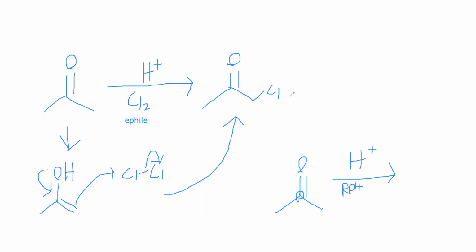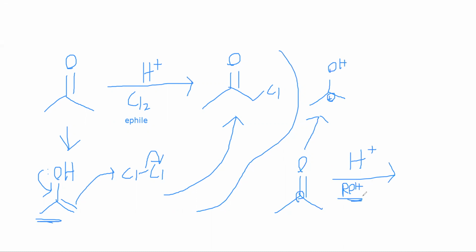So then, I'm gonna put like a dividing line. Then the reactive species isn't this enol like I have drawn here. It's gonna be this intermediate where you have the carbocation below the alcohol, because then the nucleophile can attack there.